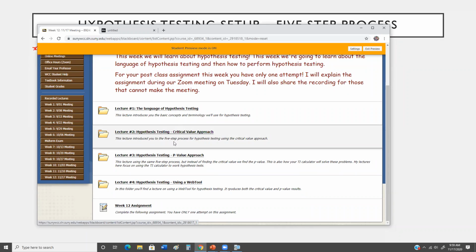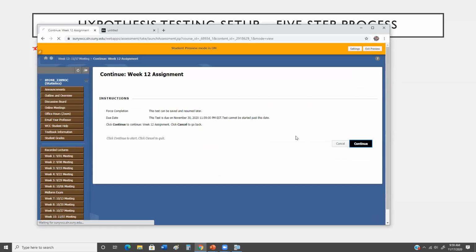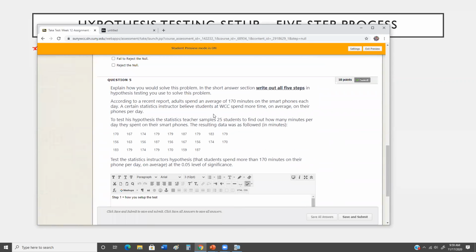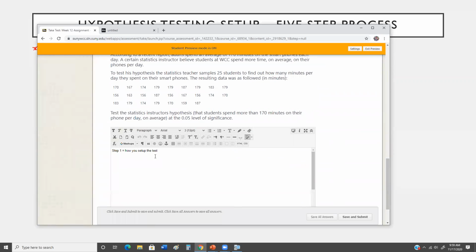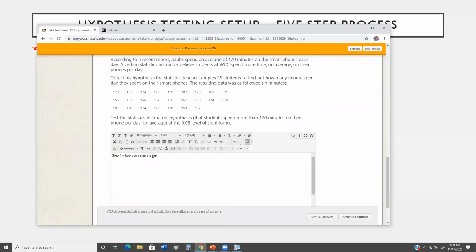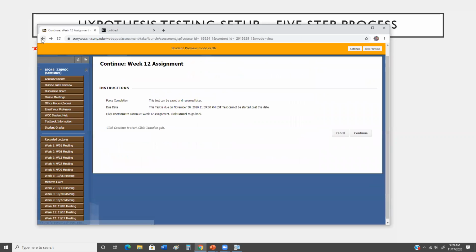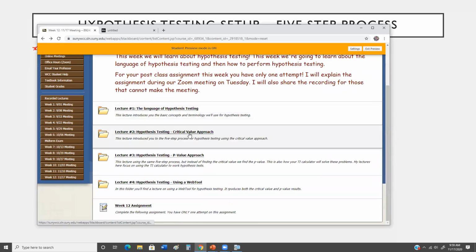If you get to question 5, you can type in anything you want, you can do the p-value approach, but the first 4 questions follow the critical value approach to hypothesis testing.